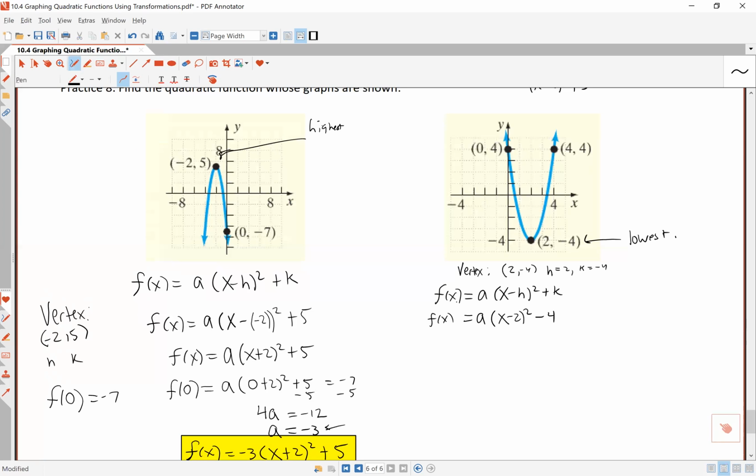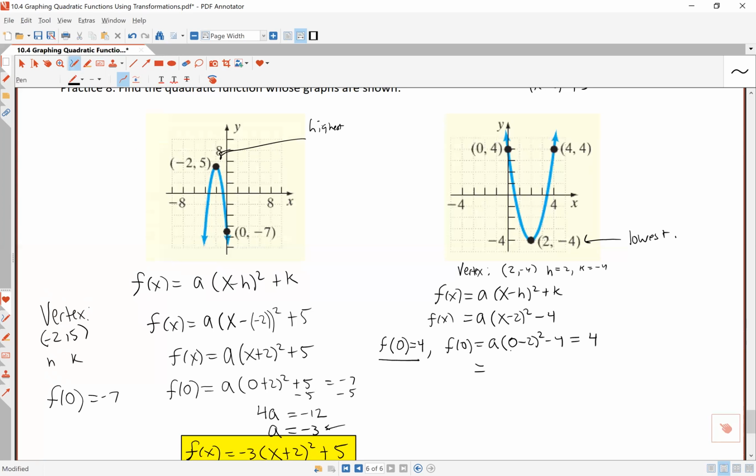All right, so this graph goes through either 4, 4 or 0, 4. F of 0 equals 4, so f of 0 is a times 0 minus 2 squared minus 4, and that equals 4.